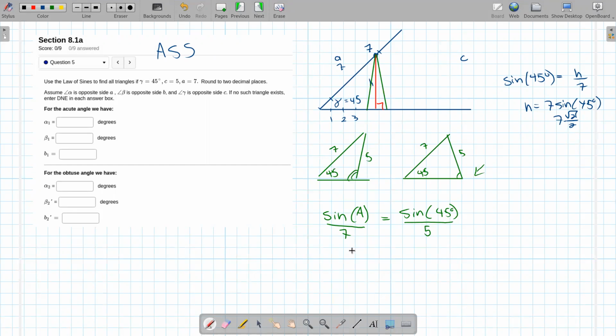Solving for sine of A, we get sine of A is equal to 7 times the sine of 45, which happens to be a relatively nice number we're familiar with, divided by 5, and then angle A has to be the arcsine of that.